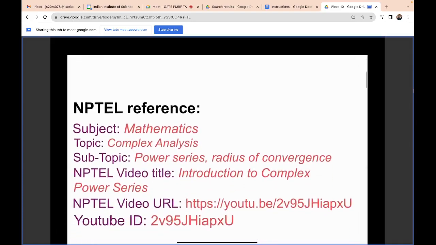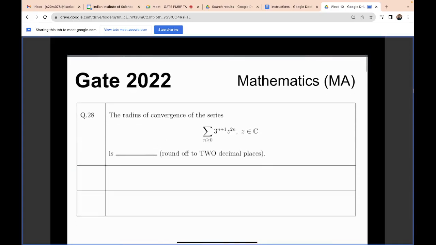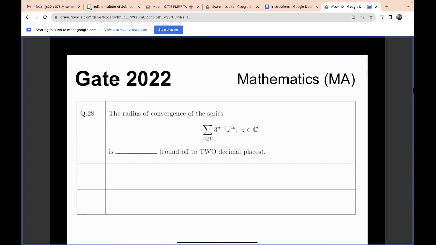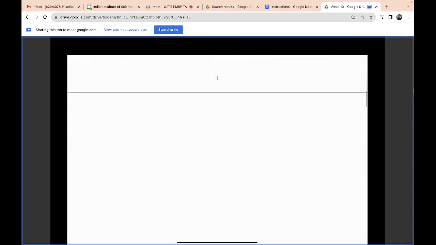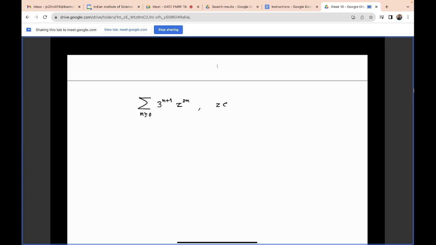Okay, so in order to solve this, this is the NPTEL reference. Let's try to solve this one. The series given is the sum over n bigger than 0 of 3 to the power n plus 1, z to the power 2n, where z belongs to complex numbers.